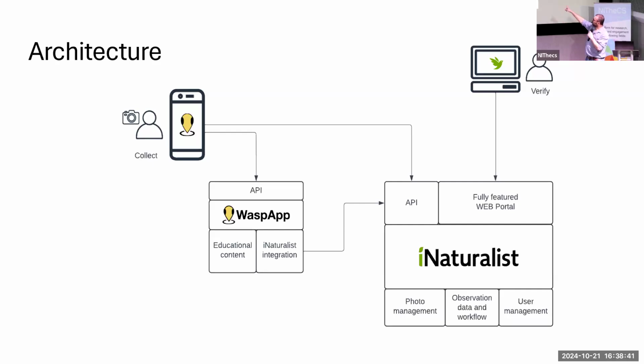But the platform is very open. So the app will also make calls directly to iNaturalist, which will make it less expensive for us and easier to scale. And then scientists can actually just log into the portal directly and see the content. So that also saves us a lot of work in terms of not building a whole system.